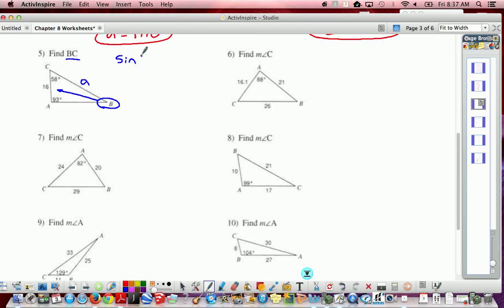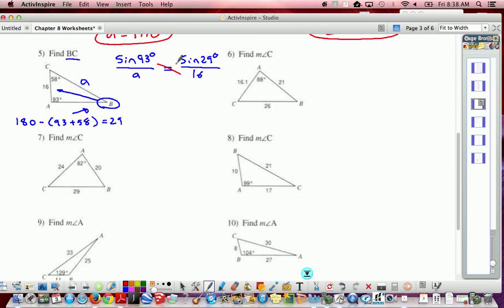Sine of 93 degrees over little a is equal to, now I got to find this angle B. So 180 minus 93 plus 58. That ends up equaling 29. So I'm going to take that angle, 29 degrees, over its corresponding side, 16.